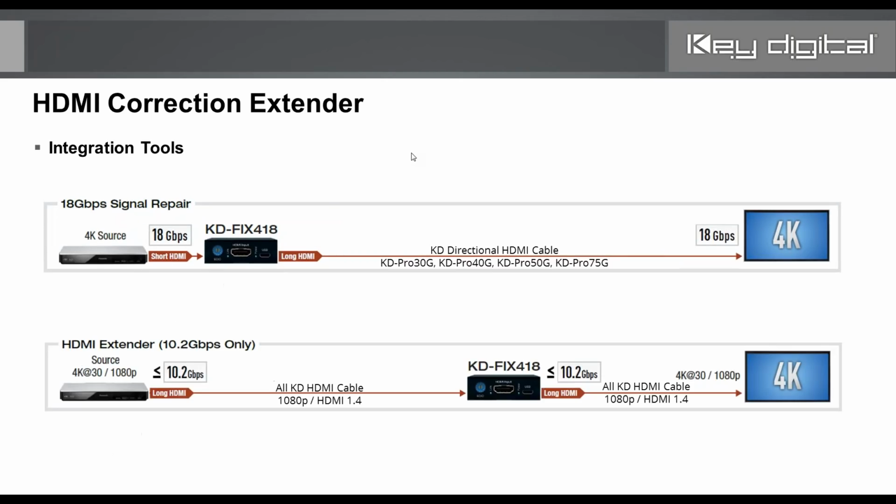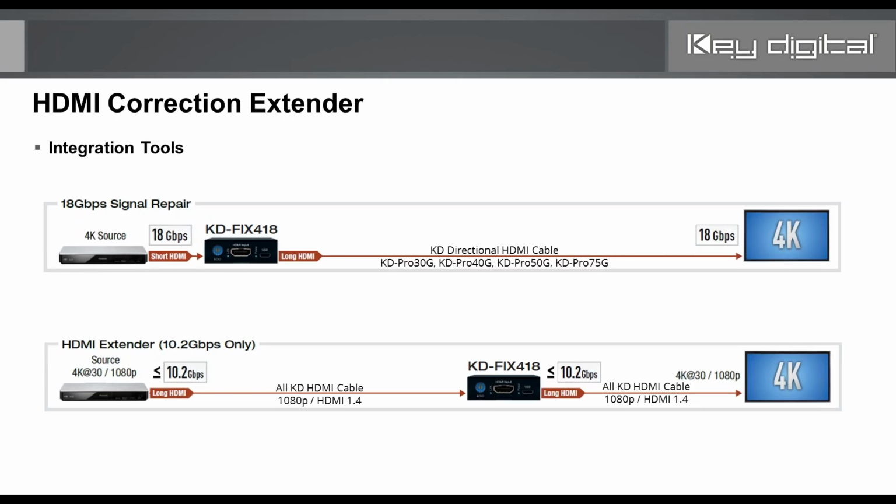And then there are also the traditional signal correction uses. We take a look at the top diagram here, where it happens many times that you have an 18G source and an 18G display, but perhaps your cabling or AV receivers in line that also claim to be 18G just don't seem to have all of the handlings down pat.